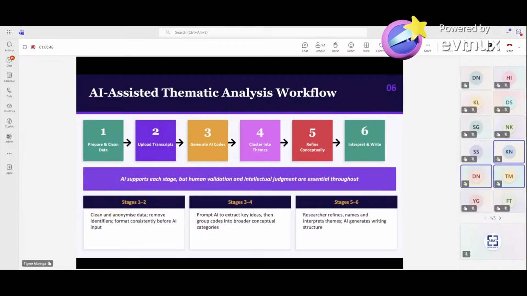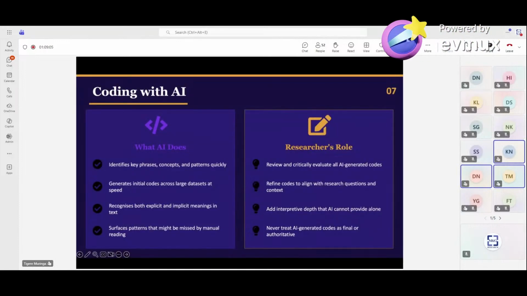Then stage 5 and 6, the researcher refines, verifying what has come and interpreting these themes, and AI generates writing structure. So you can have AI assist you with generating these structures.